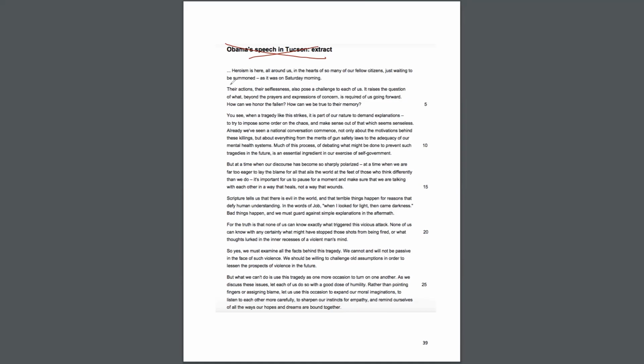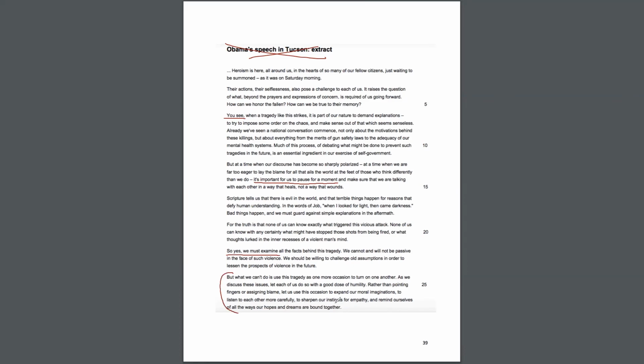Just make sure that when the examiner reads your text, they can clearly see that it's a speech meant to be read aloud. So as you can see, there's a direct address. You see when a tragedy like this strikes. It's important for us. So you are calling them to behave in a certain way. We must examine, and of course, a conclusion.